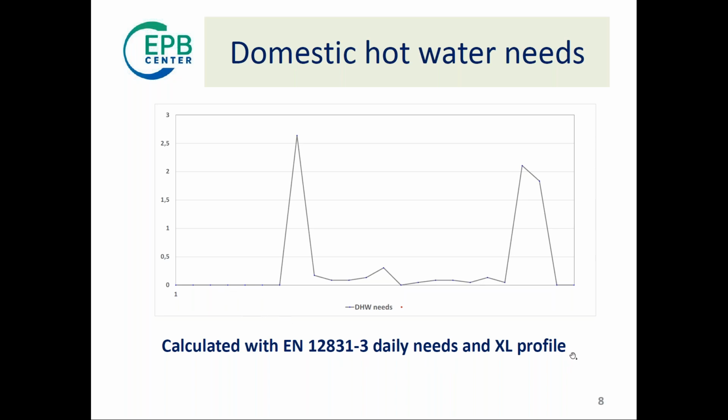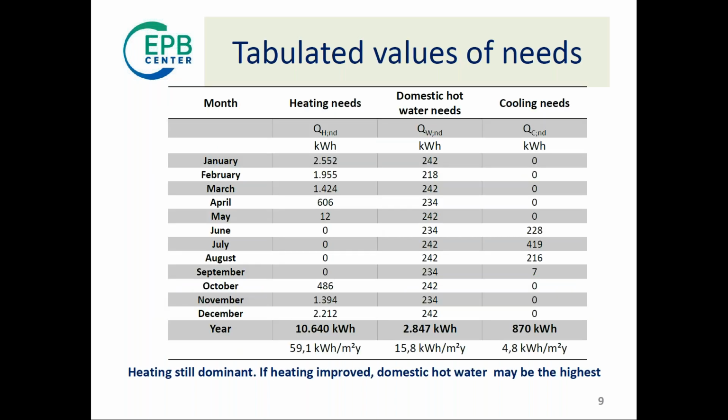This is what was taken from the Excel profile, which is used for testing products, which looks more like what we could expect. So something in the morning, something in the evening, and maybe at midday, some other domestic hot water which is used. And this is the result.